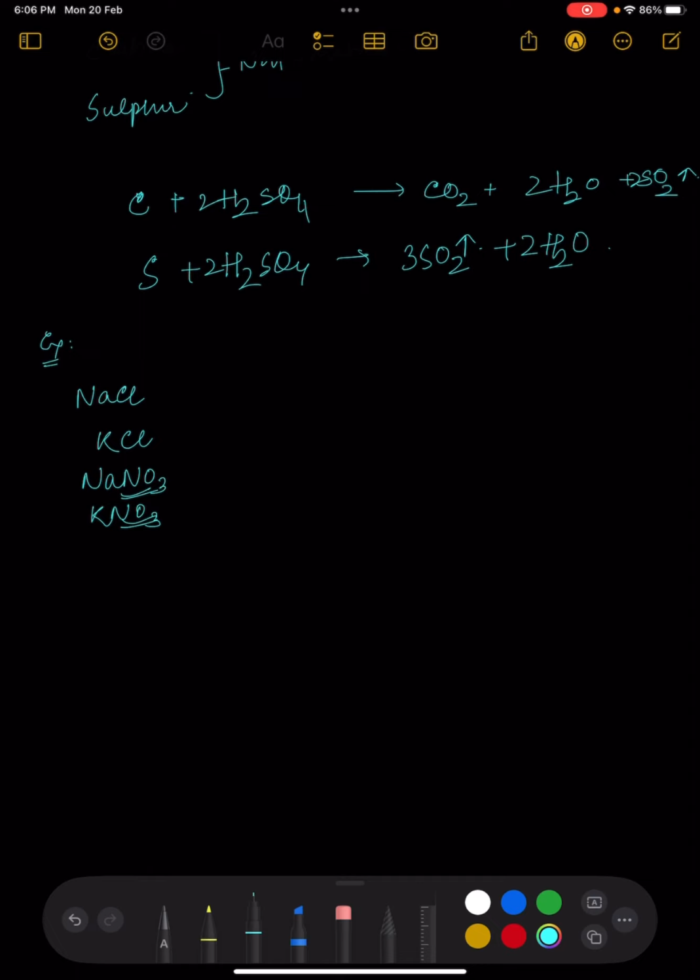Here NO3 is there, so HNO3 must be present on the product side, and here HNO3 will also be present. Then here HCl will be present, as Cl is present. Here also HCl.